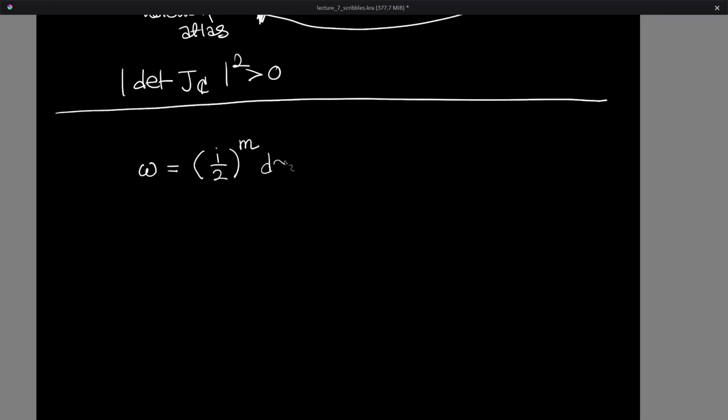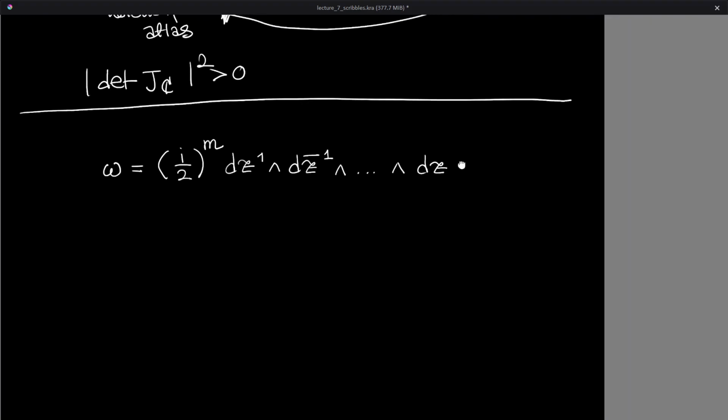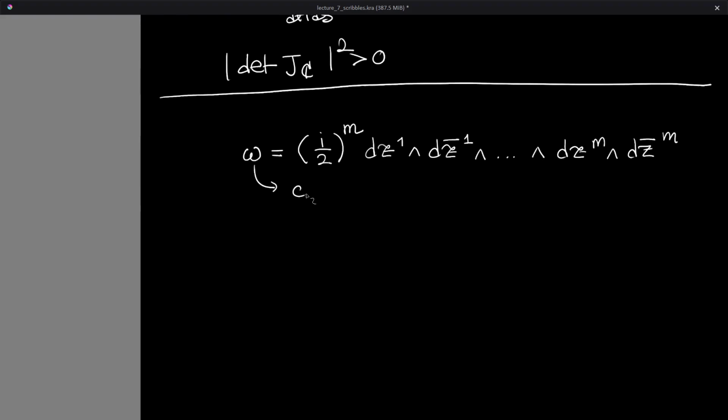And then dz_1 wedge dz̄_1 wedge dot dot dot wedge dz_m wedge dz̄_m.